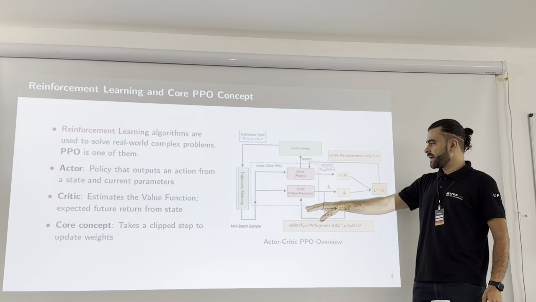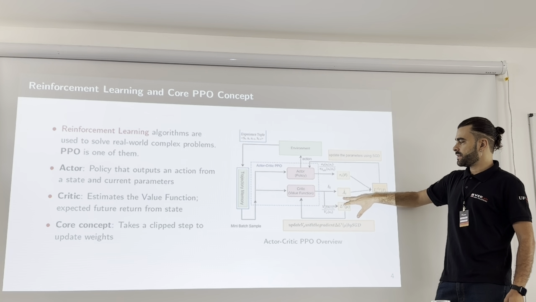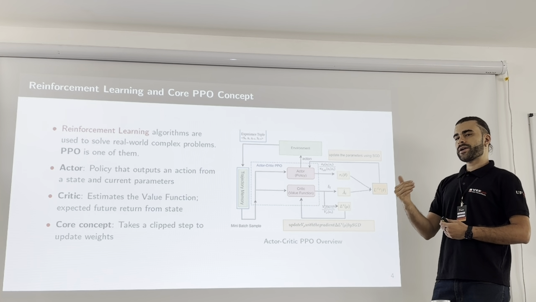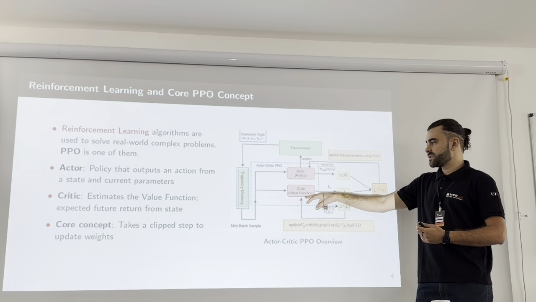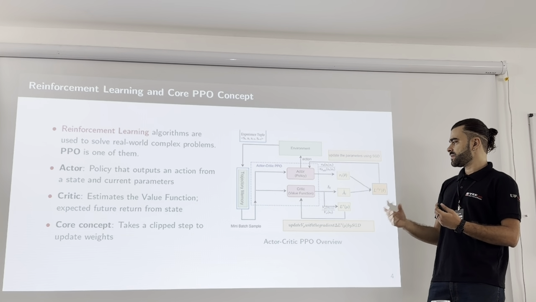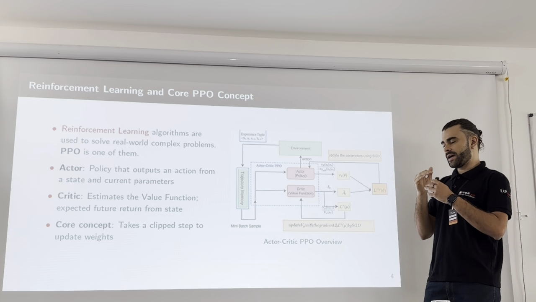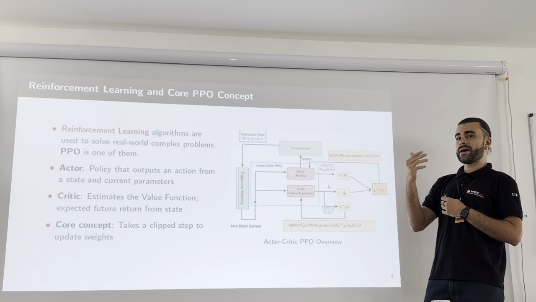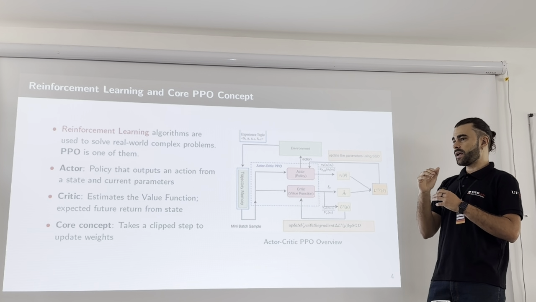Also, on the critic side, we have the temporal difference, delta t, and that helps us get the advantage estimate, which tells us how much better or worse that action has performed. We have an estimate of how good that action is, we collect the actual result and we compare them. If the advantage is better, which means that action returned a better result, we want to increase that action at that state.